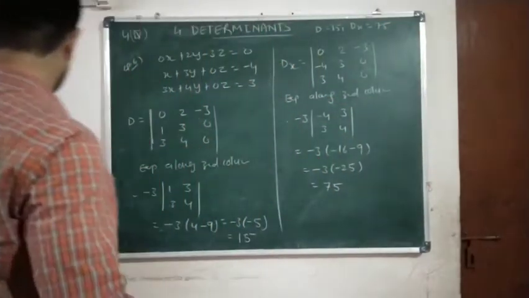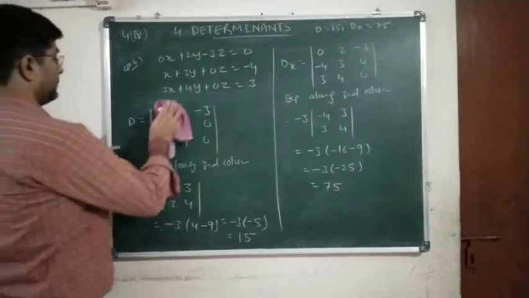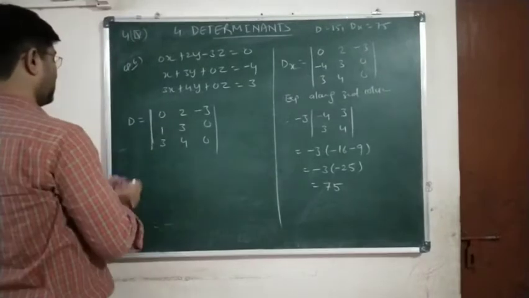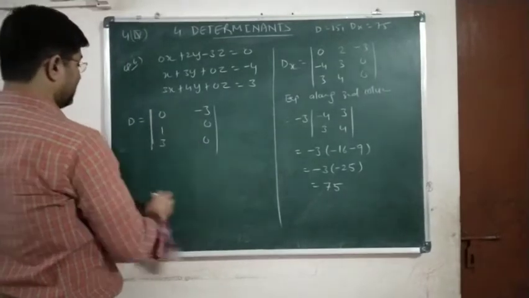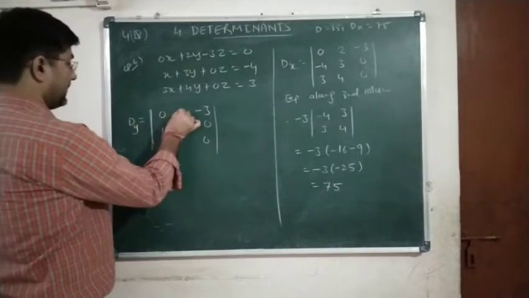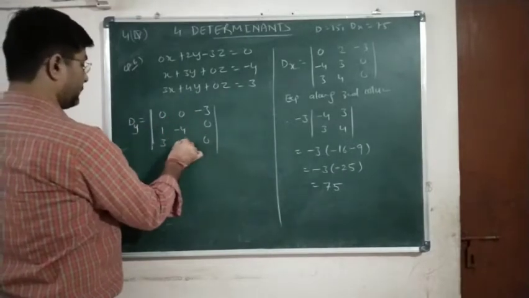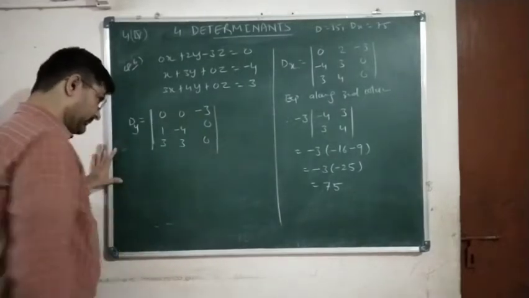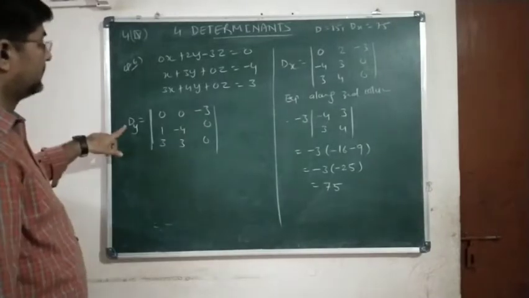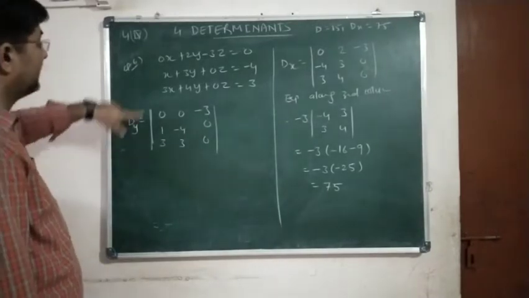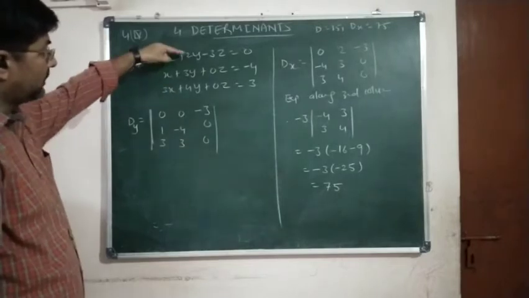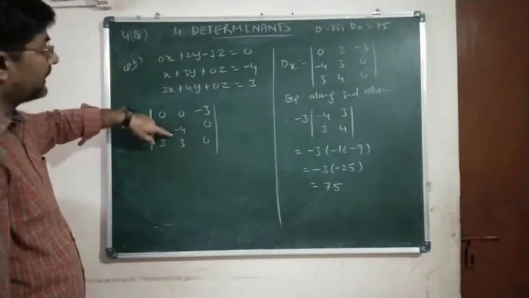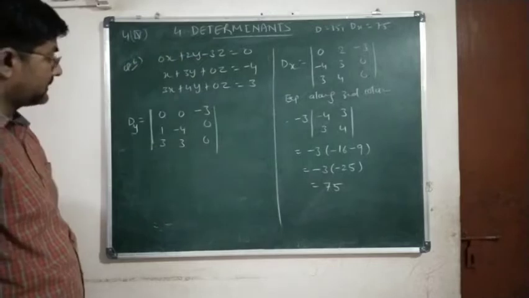Now let us find dy and then dz. To calculate dy, the second column of D will be replaced by 0, minus 4 and 3. The first column is 0, 1, 3, the second column is now 0, minus 4, 3, and the third column is minus 3, 0, 0.